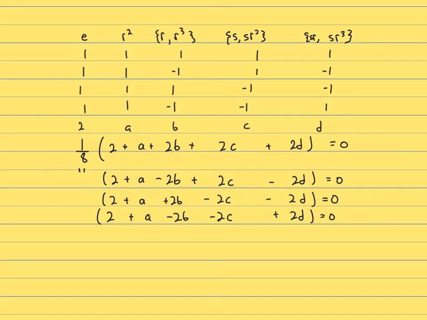Move the constant term to the other side as a negative 2, and rewrite as a matrix equation. Our coefficients of a are all 1. Our coefficients of b are either 2 or negative 2. Our coefficients of c are 2's, followed by negative 2's. And then our coefficients of d are like this.